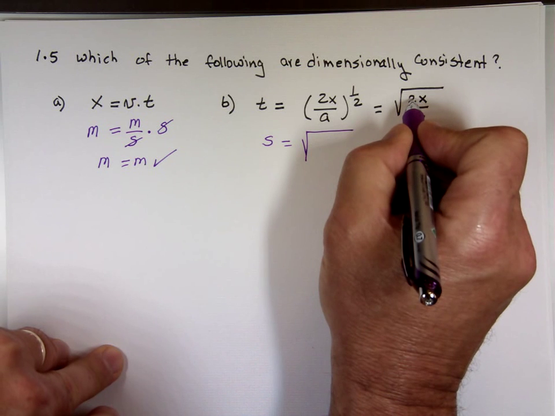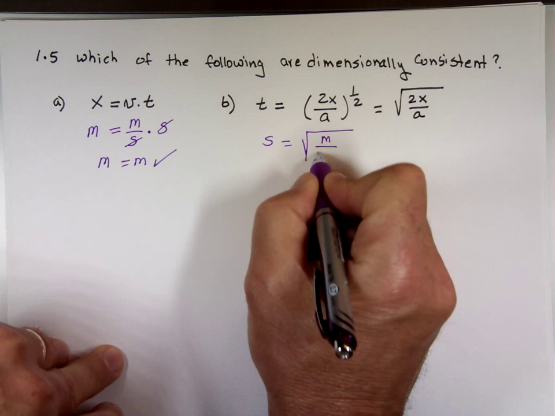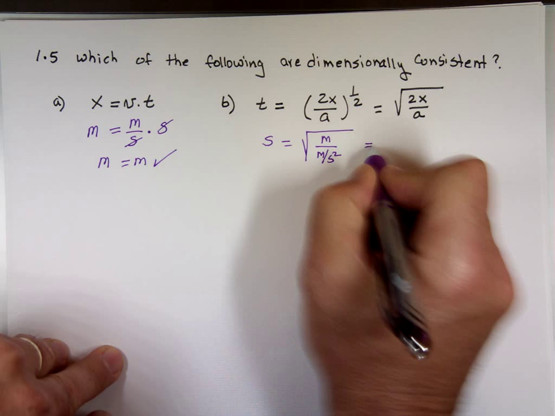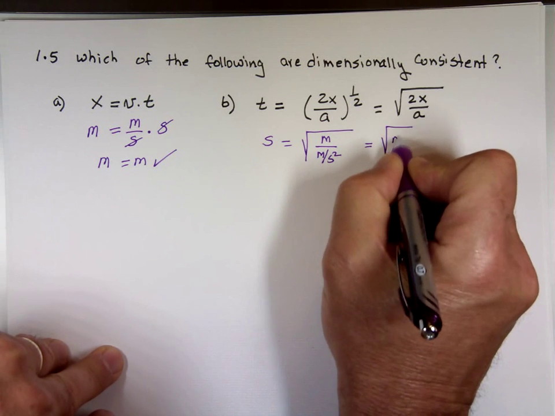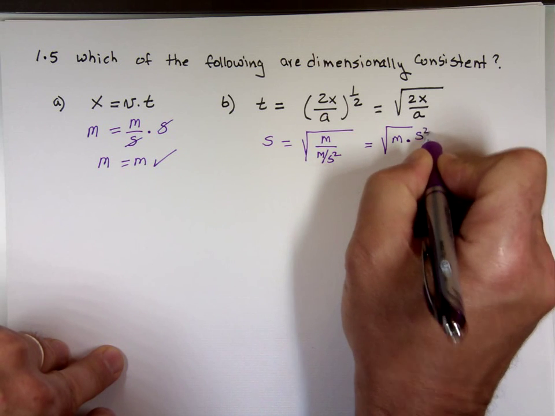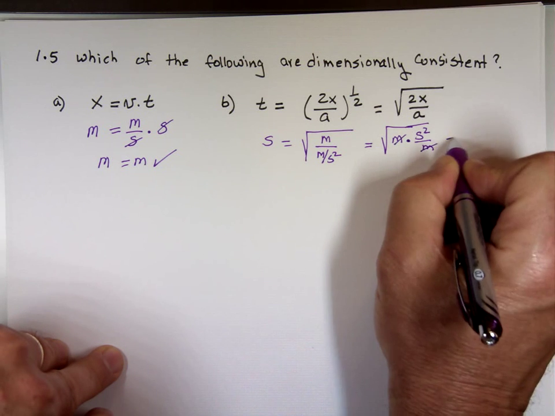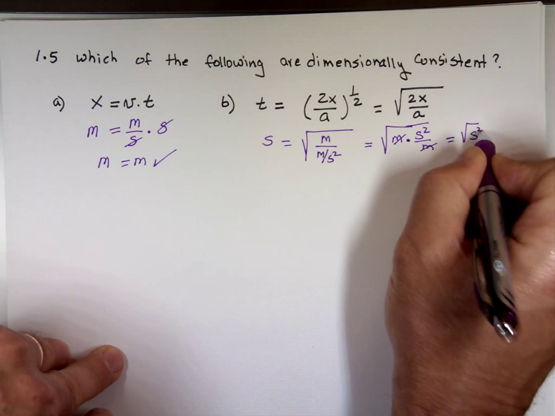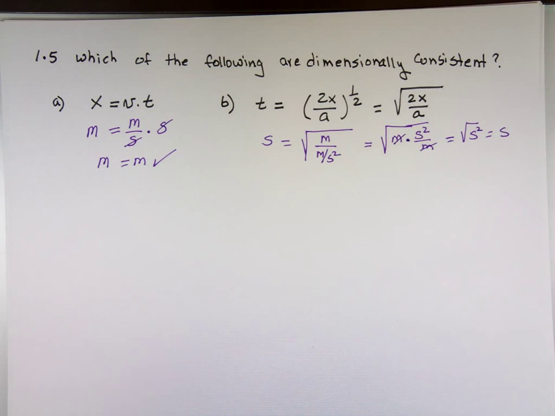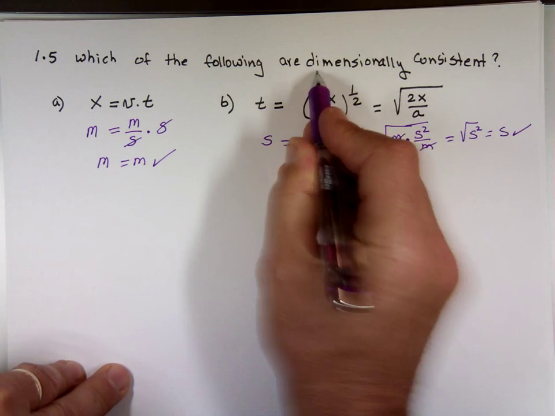The 2 does not have any units. x has meters, and a is meters per second squared. Instead of dividing by meters per second squared, I can switch that to multiplication by second squared over meter. And notice the m's will cancel. That'll be the square root of s squared, which is what? s. The units are matching too. Seconds on the left side, seconds on the right side. So this is dimensionally consistent.